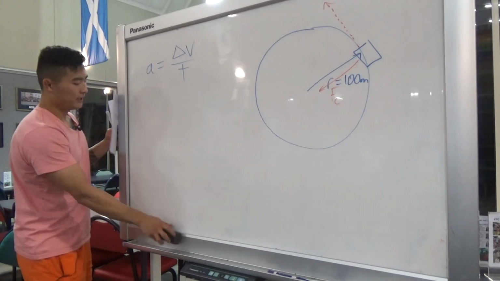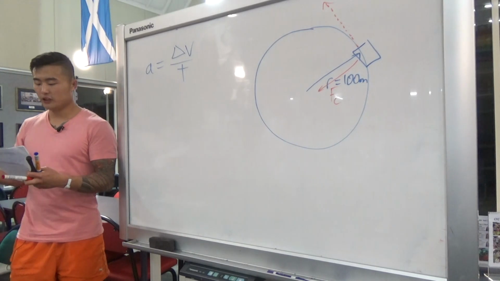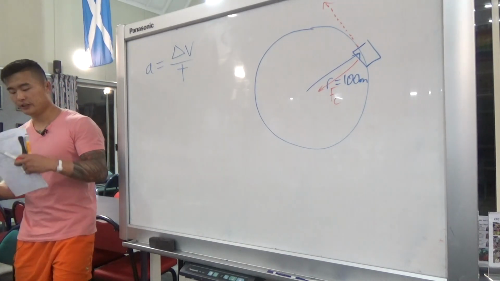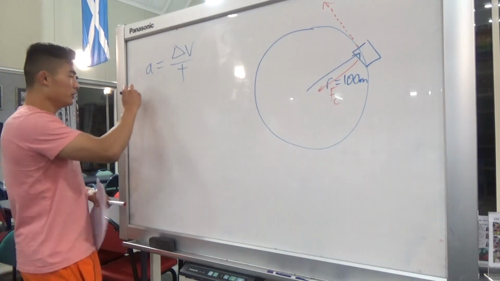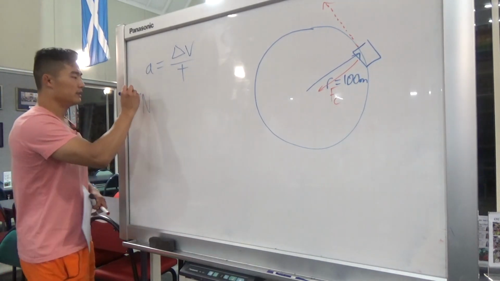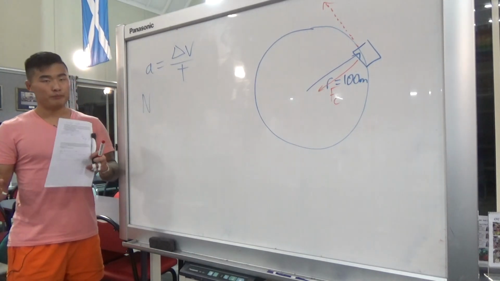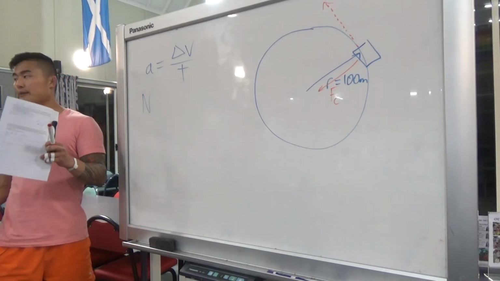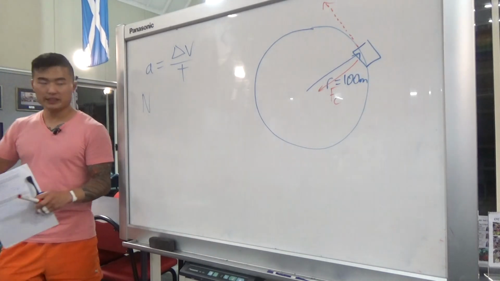Now we're going to look at option B. The upward normal reaction force on the load is 10,000 newtons. The normal force is the force that pushes back up in response to the weight force.